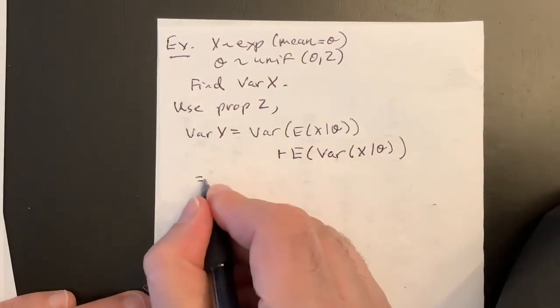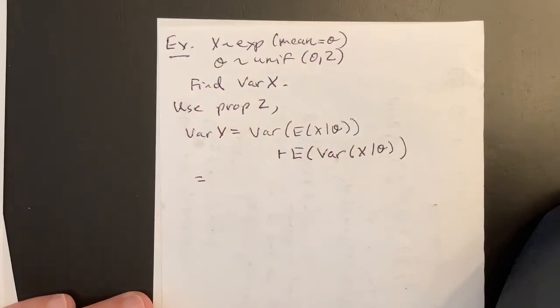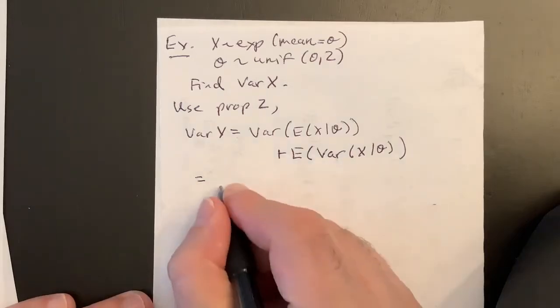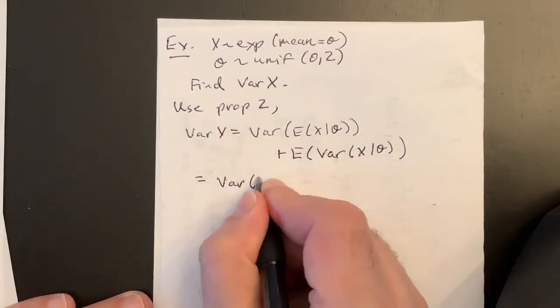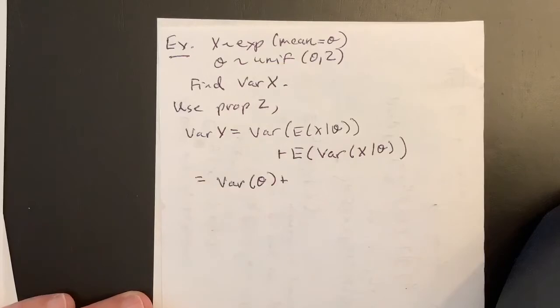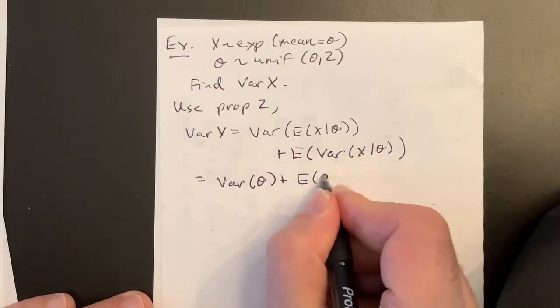What is e of x given theta? If the mean is theta, then e of x given theta is theta. So the first term is variance of theta, plus, what's the variance of x given theta? Well, x is exponential, and as we wrote up there, it is theta squared. So we have plus e of theta squared.